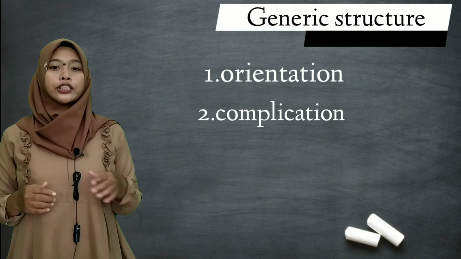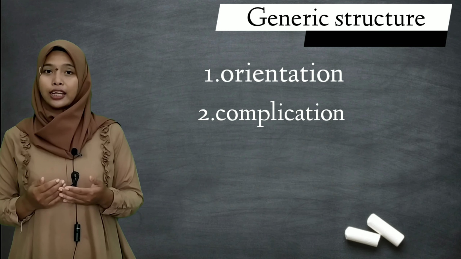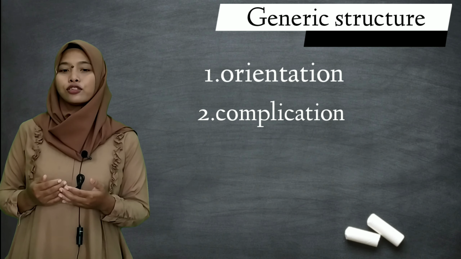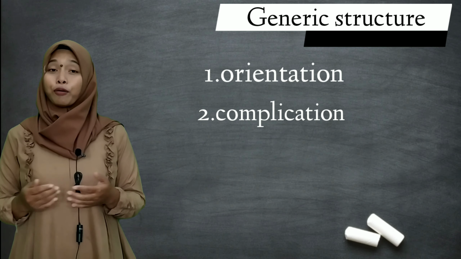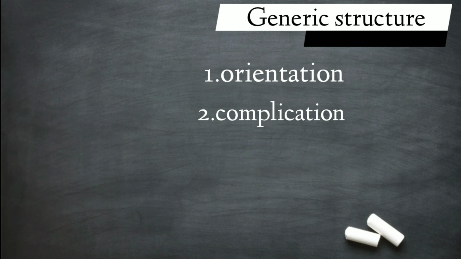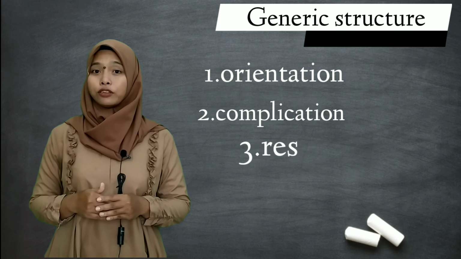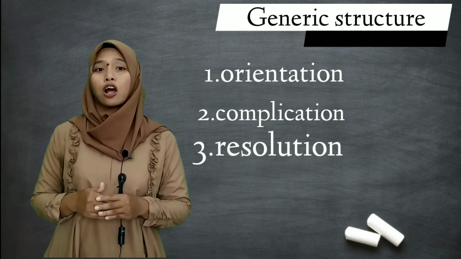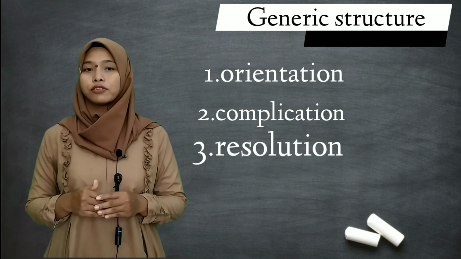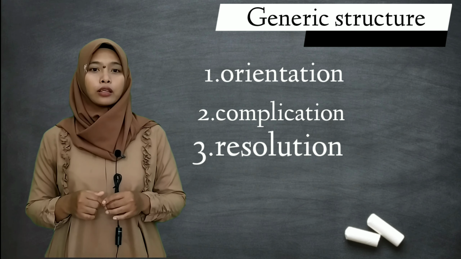In this part, there will be a new problem which adds conflict to the story and it leads us to the climax. Wow, it will be a great climb, right? The third one or the last part is resolution, or we call it the ending of the story. In this part, the conflicts are solved.